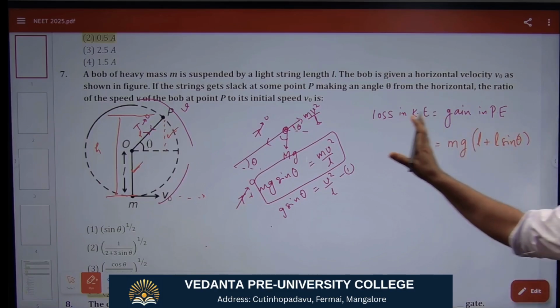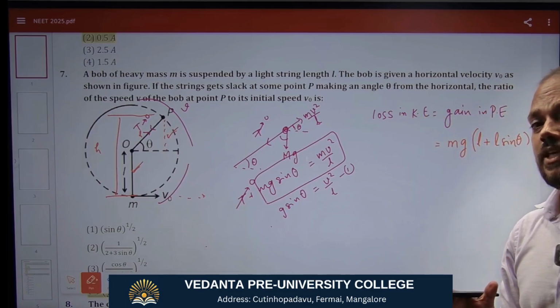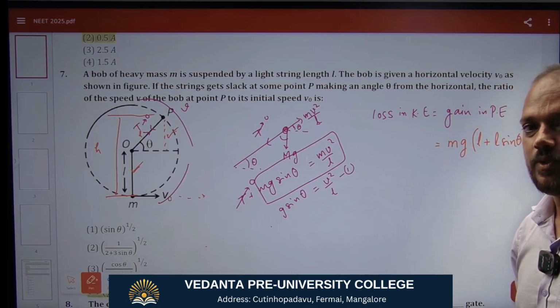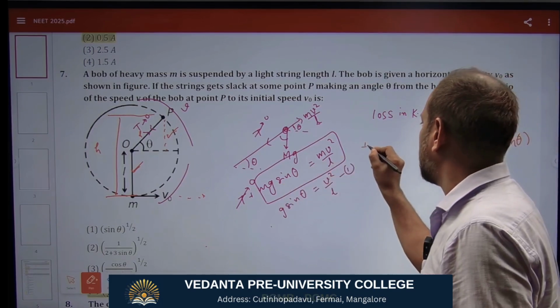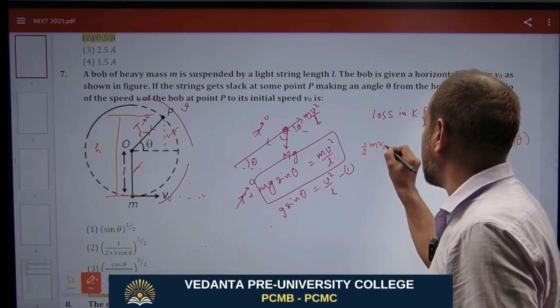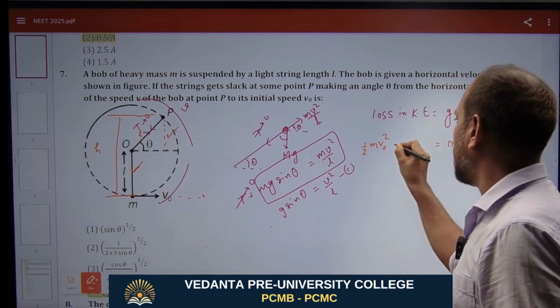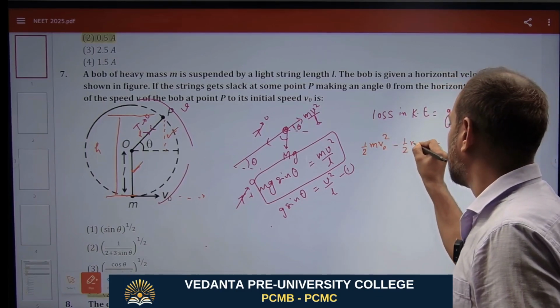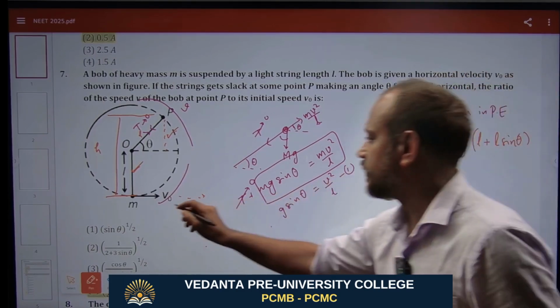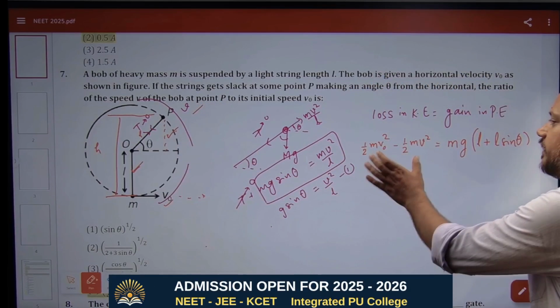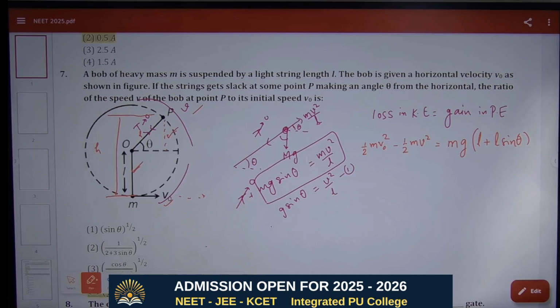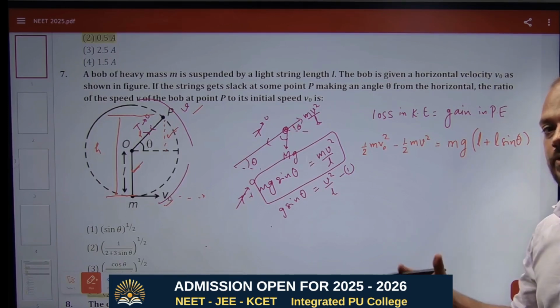Now let's see what the loss in kinetic energy is. Loss means the initial is more than the final, so we write initial minus final. The loss will be half m v naught square minus half m v square, right? Here the initial is v naught and the final is v. So this is our loss in kinetic energy. Remember, we are not writing change, we are writing loss.